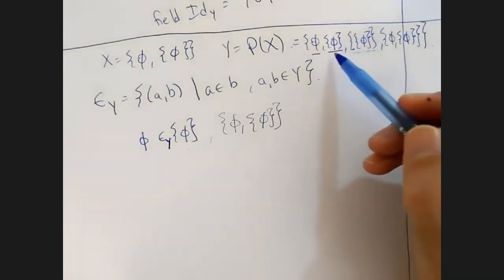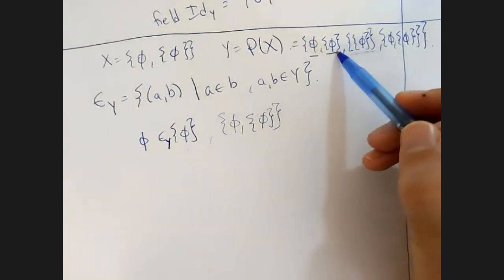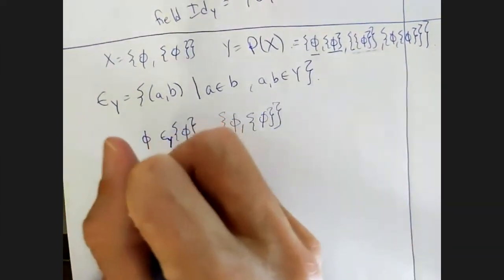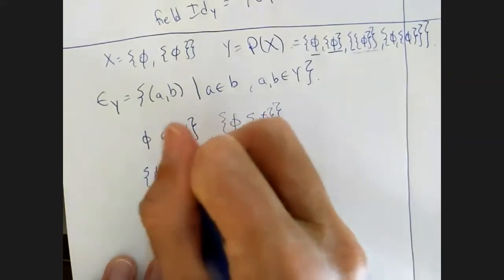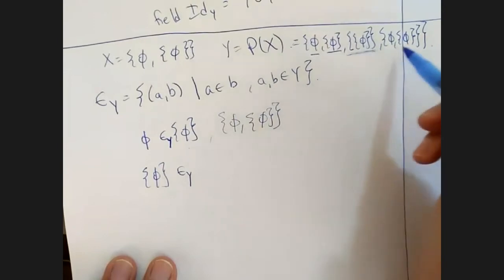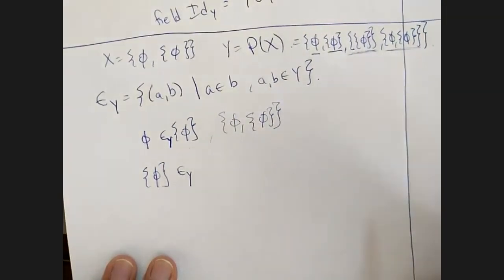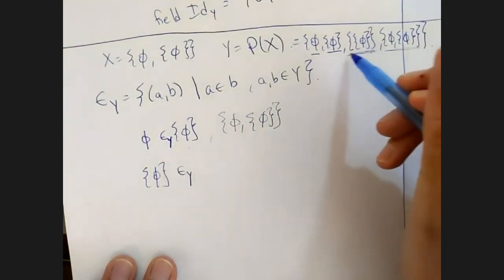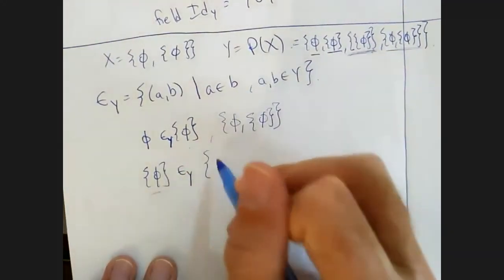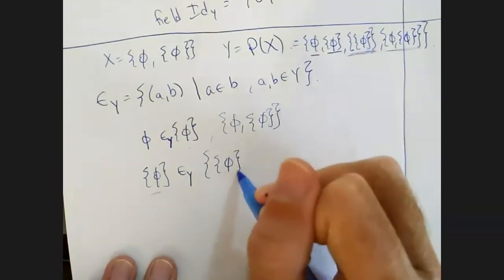Now let's write all the things which the singleton is an element of. It's an element of this and this. This singleton is a singleton whose only element is this one.